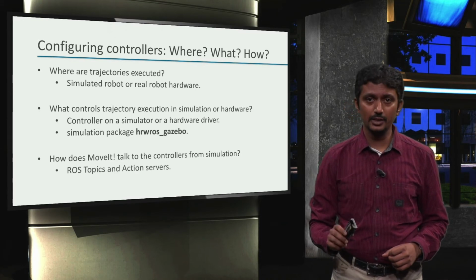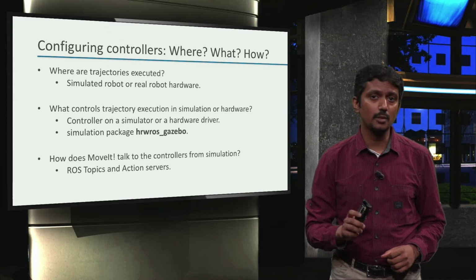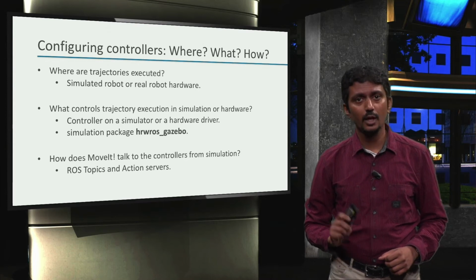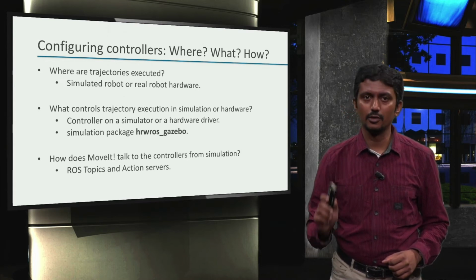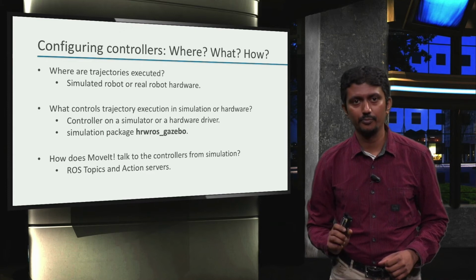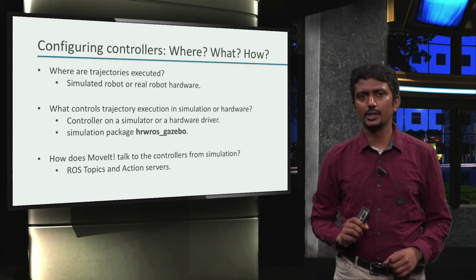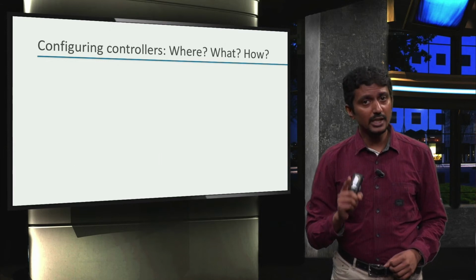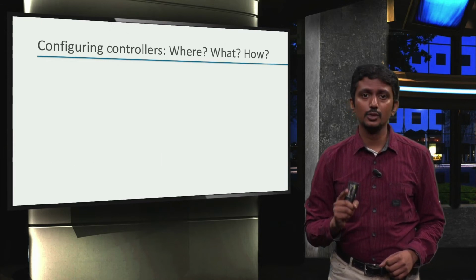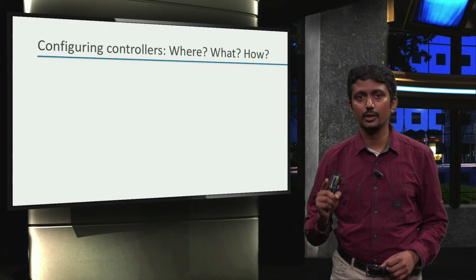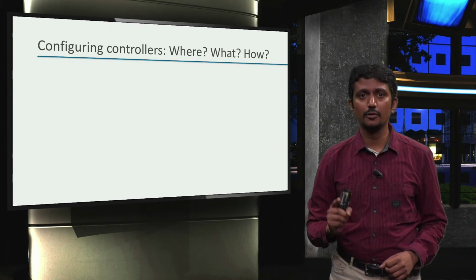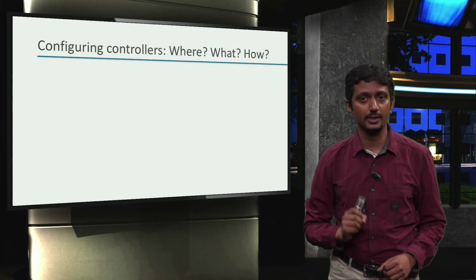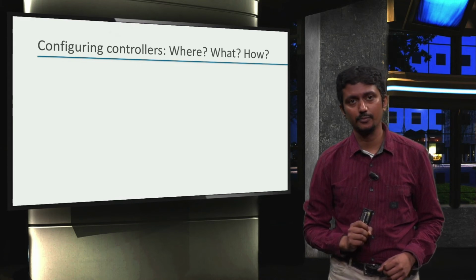Via ROS topics and action servers that we learned about in week 1. And these are exactly what we have to configure in the empty file we saw. So let's first understand the necessary details. Please listen carefully, as this is crucial for many things we are going to do in the next videos and also our future life with ROS and MoveIt-based real-world applications.